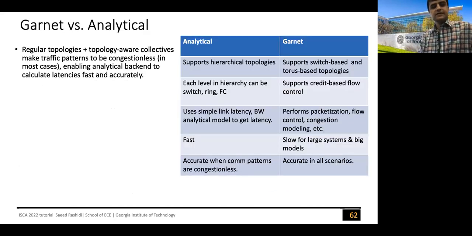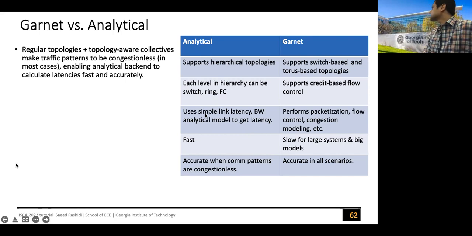So here I just want to give you a high-level comparison between Garnet and analytical. The main benefit of analytical, as I said, is that it is very easy to define new topologies here. By adding a few lines, you create a new topology. And then you have a free knob of defining what the topology is inside each of those dimensions, independent of each other.